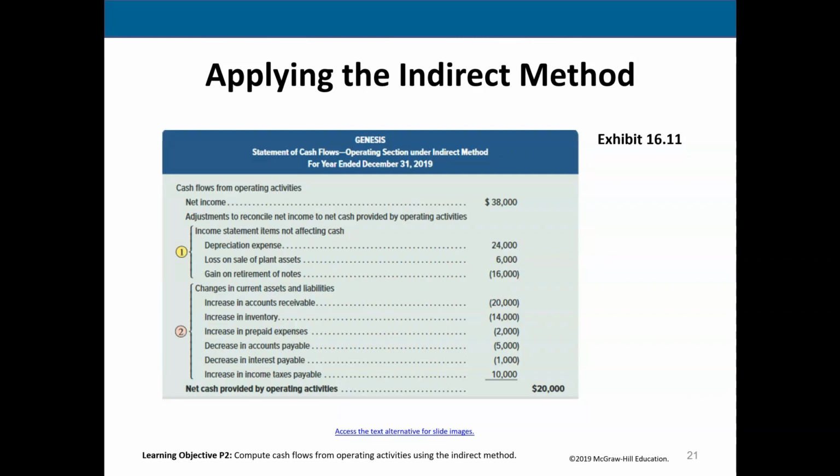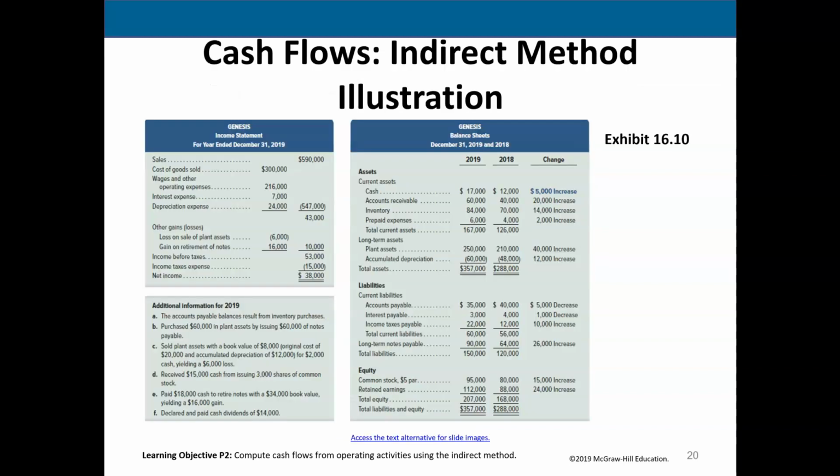Okay, this is the operating section of the cash flow statement based on the financial statements provided in the slide before. Now, the first thing we have here, net income is $38,000. So I'm going to go back to this slide. And you can see net income shows $38,000.